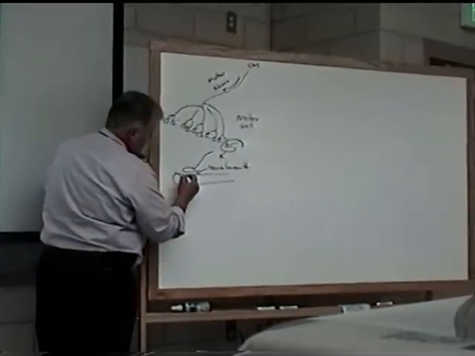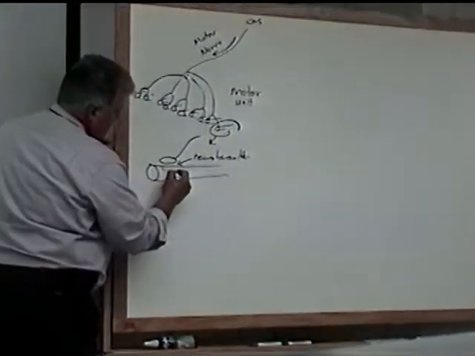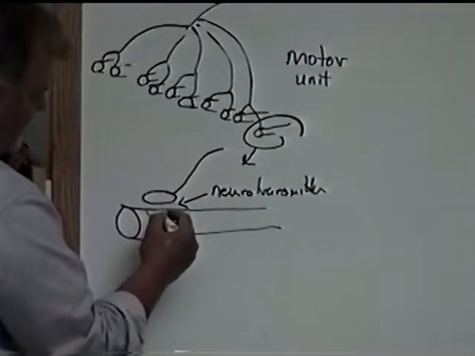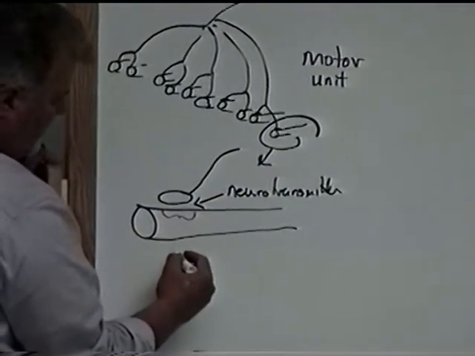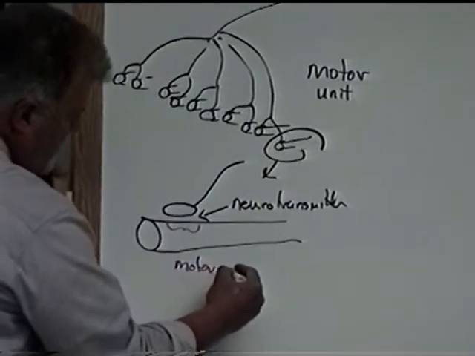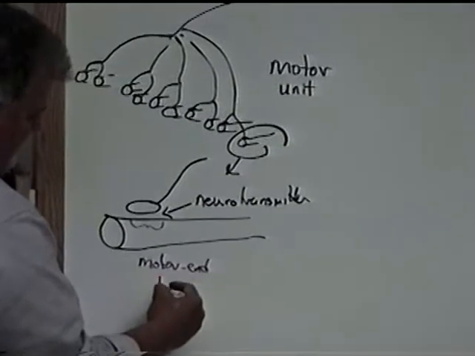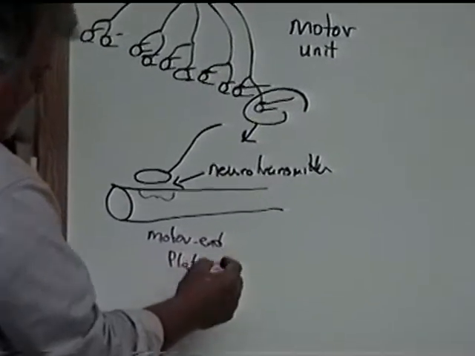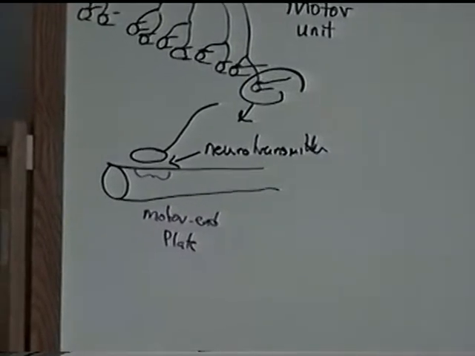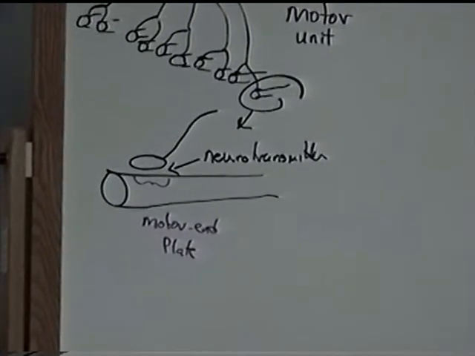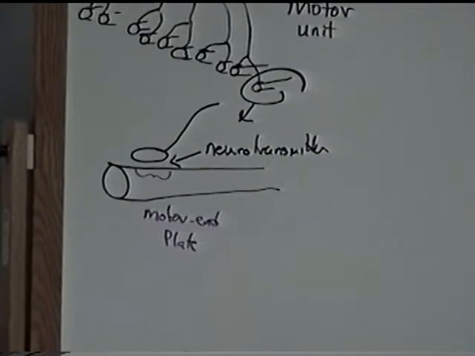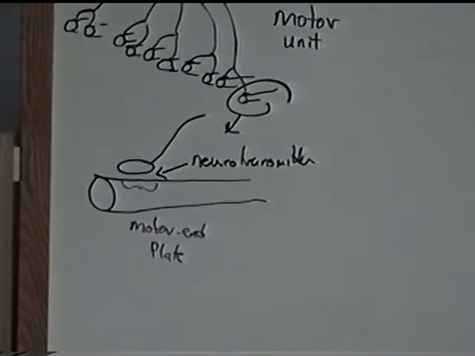The position of where this occurs, the membrane on the cell, is going to be called the motor end plate. So this area is referred to as a motor end plate right here, where the nerve is going to interact with the neuron.